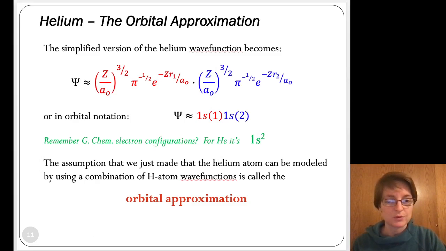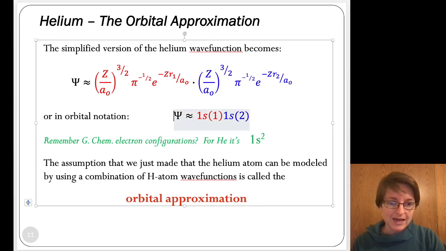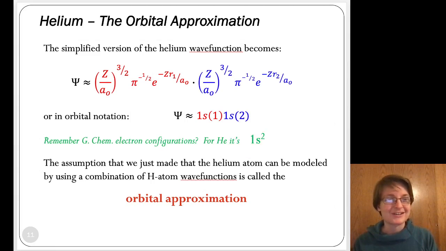Or if you want to put it in orbital notation so that's a little bit more comfortable, we could say that psi, our overall atomic wave function, is this product of the first electron being in a 1s orbital and my second electron also being in a 1s orbital. And if that looks really familiar to how in GChem we taught you to write electron configurations, it's because that electron configuration is trying to be reminiscent of what this product of one electron wave functions look like.